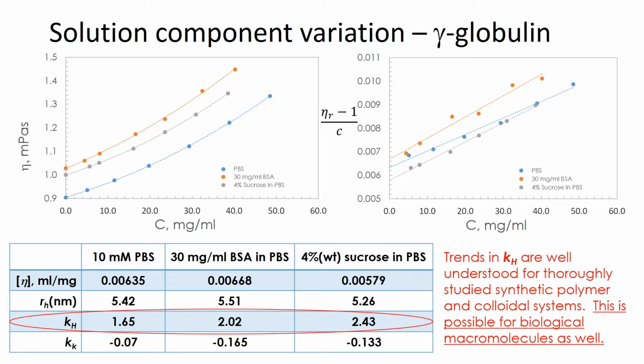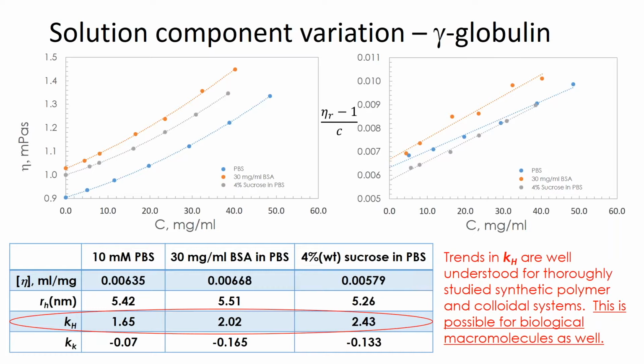And we've been able to extract intrinsic viscosity, use this to estimate the hydrodynamic radius, and also extract the interaction parameters. What I've highlighted here is that, although it looks like there might be a slight shift in size, it's pretty minimal and on the edge of what you would be confident in.